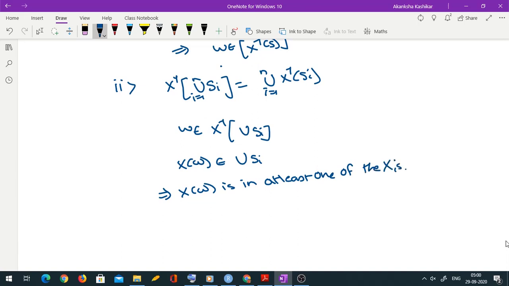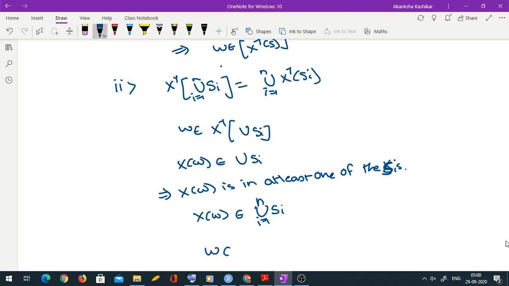Okay. What does it mean? It means that x omega belongs to union of Si's, not xi's. So it means x omega belongs to union of Si, i going from 1 to n.